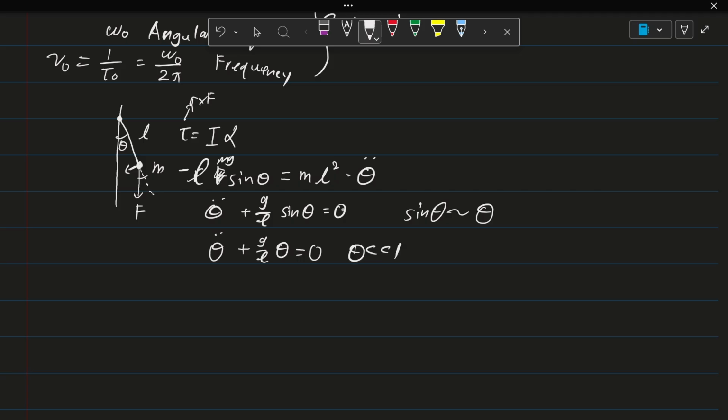And now you could denote what g over L is. We could call g over L the square of the angular frequency. And so you would be able to obtain the equation of motion, which will later denote the movement of the theta. And you would see that it's actually a simple harmonic oscillation for very small theta, obviously.